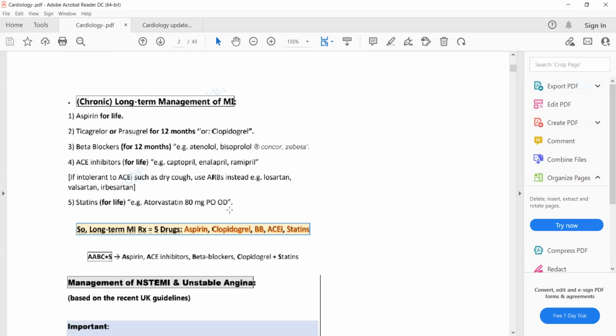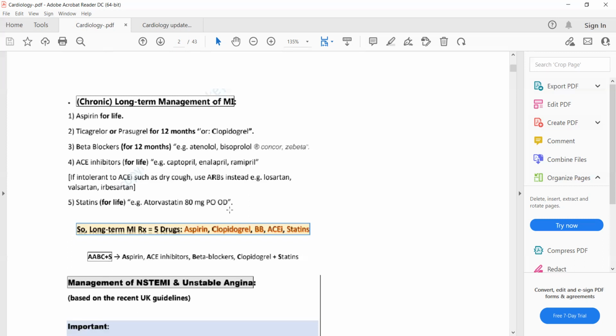Beta blockers and ACE inhibitors. Remember that tachycardia is a compensatory response during an MI, but tachycardia will lead to stress on the heart, and it will increase the workload of the heart. So beta blockers also need to be given for 12 months.